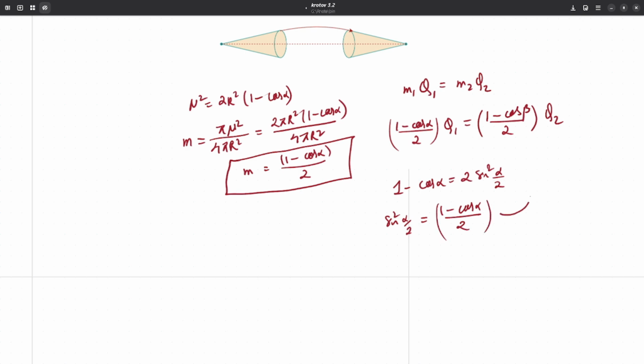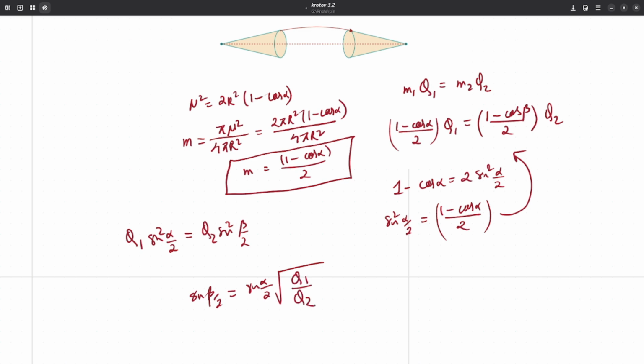Plugging this value into the above equation, we find q1 sine square alpha by 2 is equal to q2 sine square beta by 2. Further solving, we get sine beta by 2 is equal to sine alpha by 2 root over q1 divided by q2. And this is our answer.